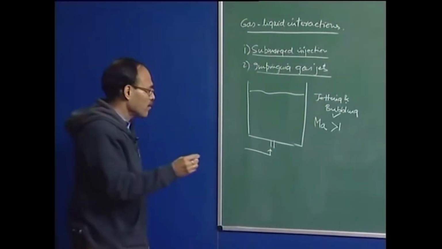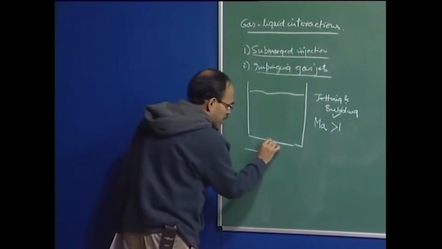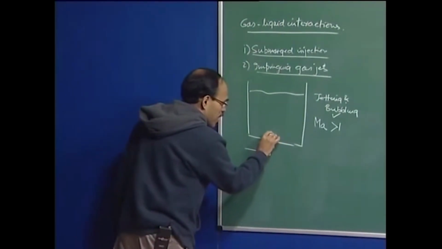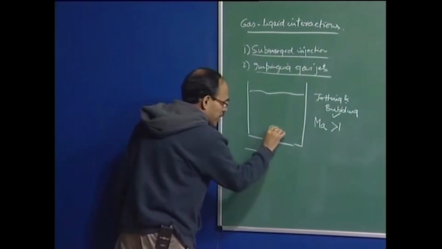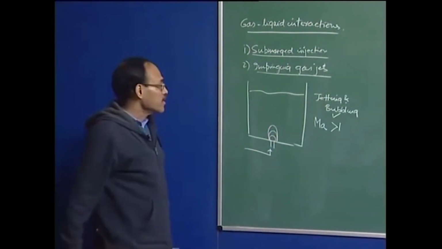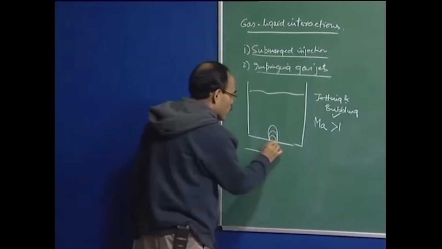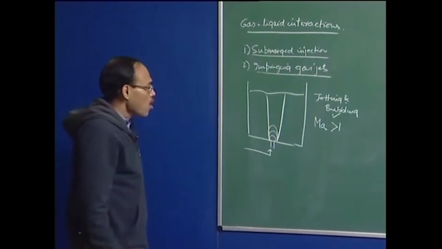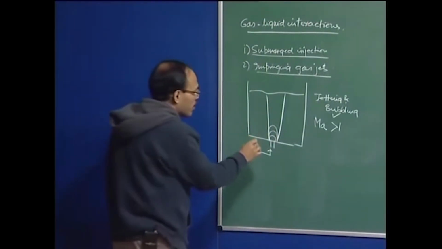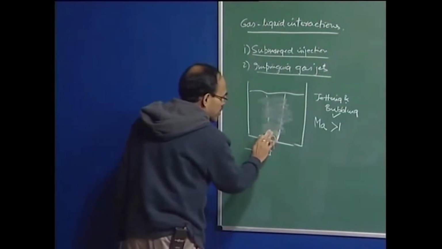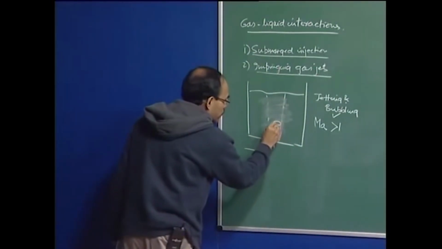Basically, in the bubbling regime, we have a gas envelope which forms, and as you increase the gas velocities, it extends, and ultimately you get a completely jet core, which looks something like this. On the other hand, when you have bubbling regimes, you have discrete bubbles which form and rise.